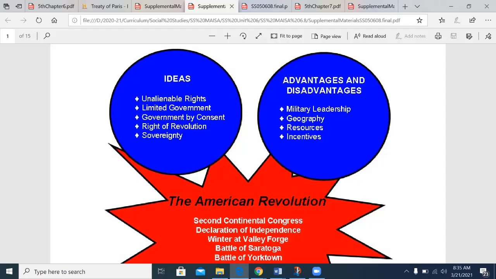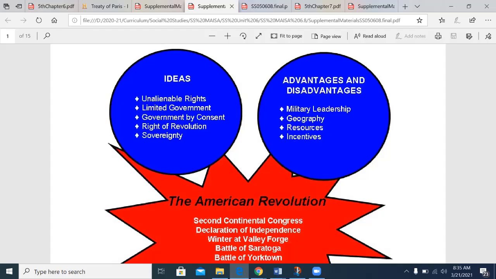And sovereignty usually applies to one of two groups: nation states and tribal nations as far as the United States goes. We talked about advantages and disadvantages. Military leadership. The British had a much more well-trained army and a military leadership with a lot more experience.